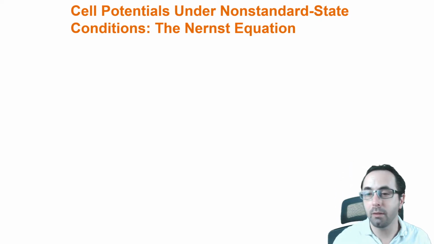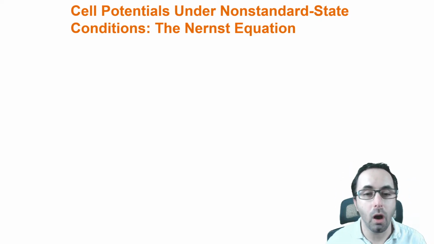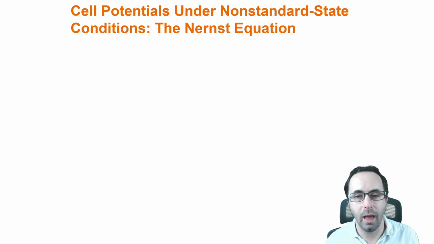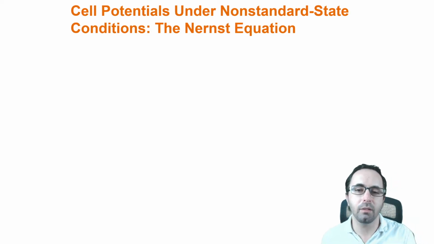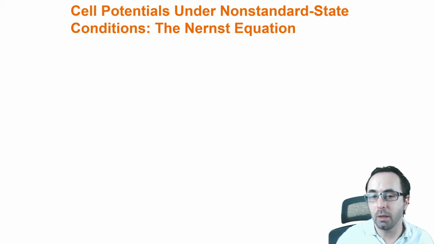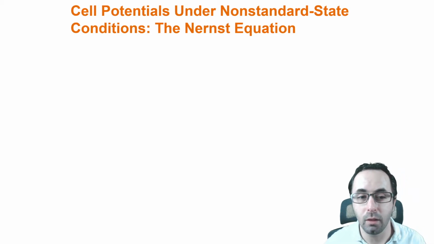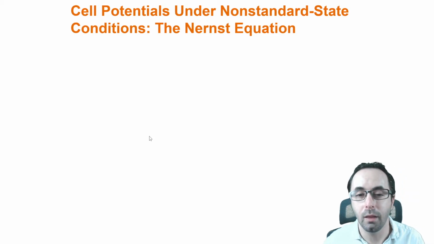What if we are at non-standard conditions, which is the more common state? We're not usually at standard state. We want an equation where we can take the standard cell potential and make an adjustment to get the non-standard cell potential, the realistic potential that we would have in our realistic galvanic cell or battery.